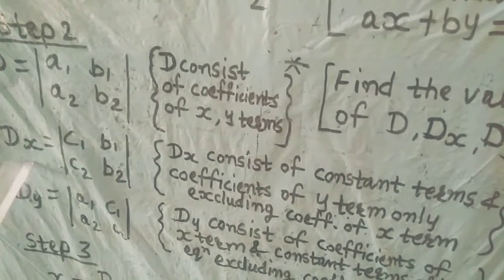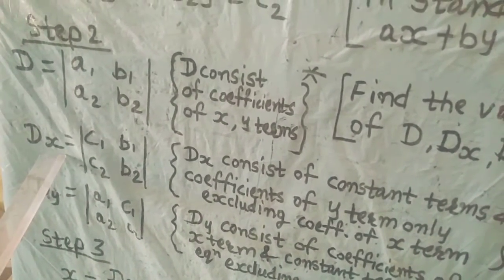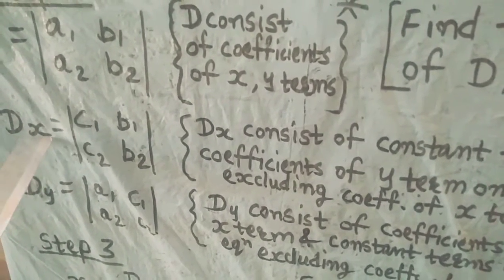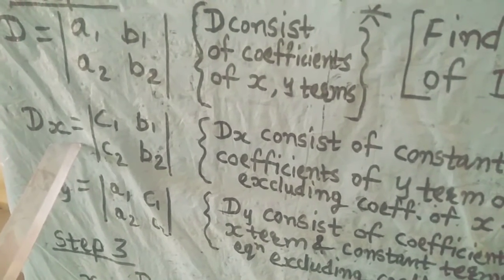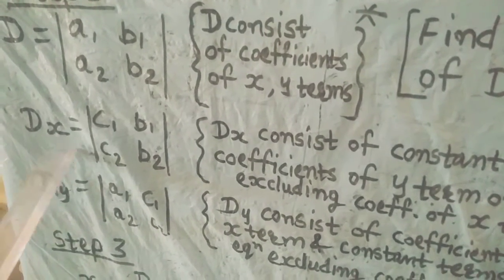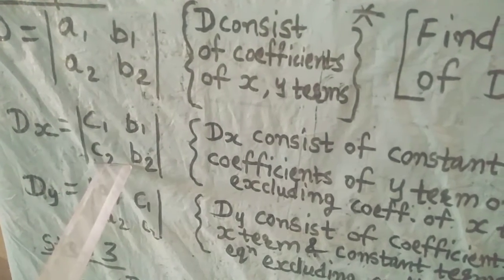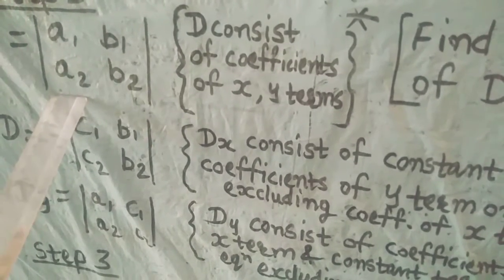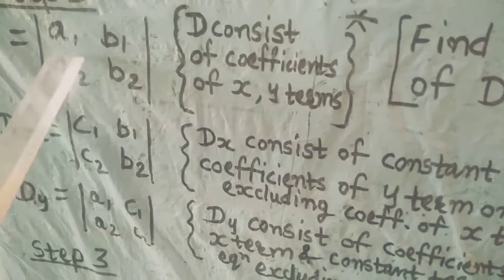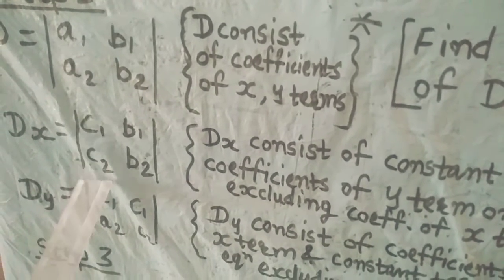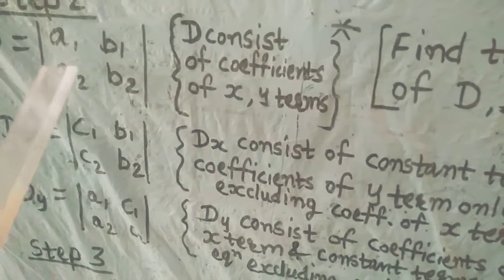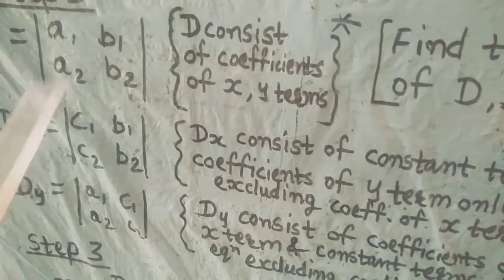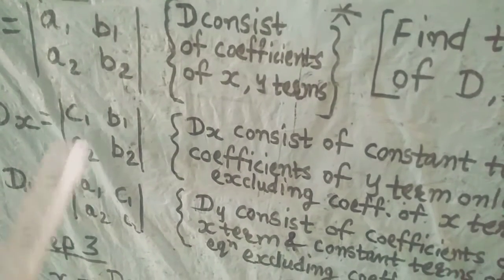Again, we also have to find Dx. It indicates that you have to exclude the x coefficients and write the constant terms at that place. Considering our determinant, a1 and a2 get replaced by c1 and c2, the constant terms.